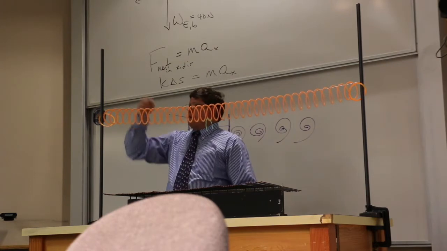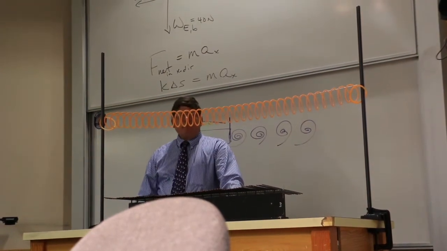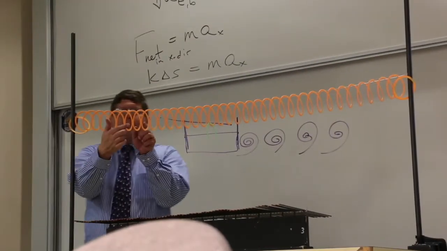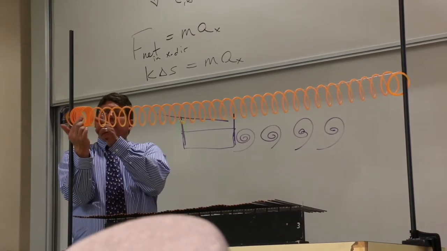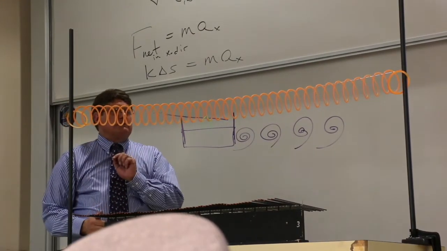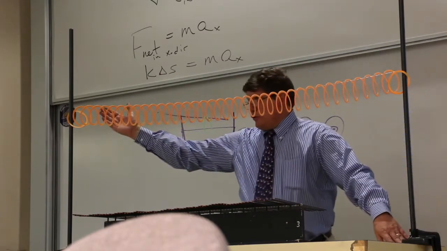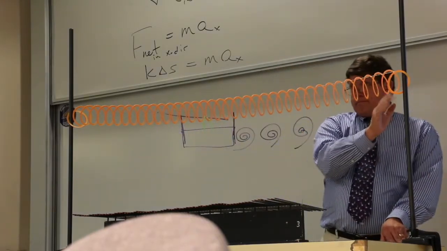And the pieces are connected to each other, communicating with each other through this spiral of plastic. Now if I pull back on one of these neighbors and let go, you see that a pulse propagates from your left to your right.